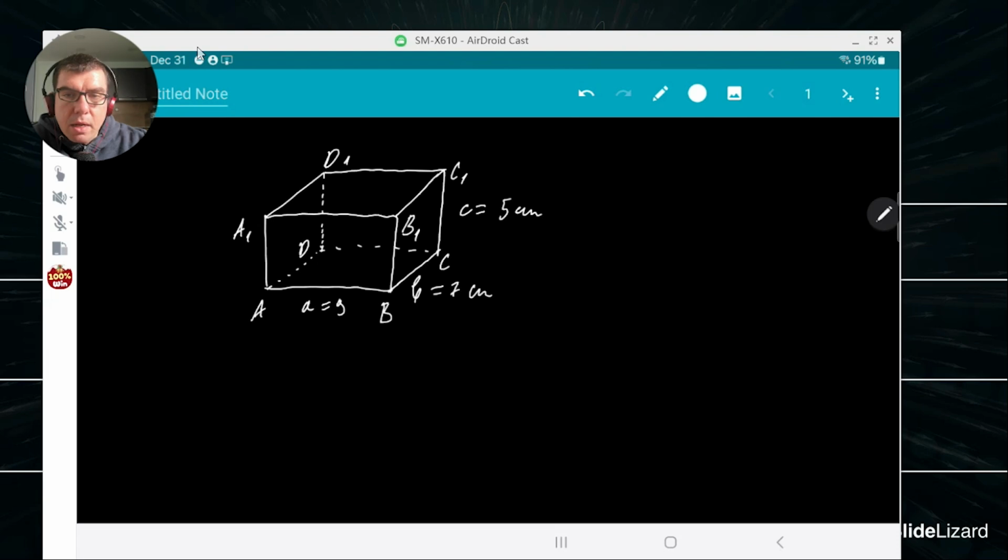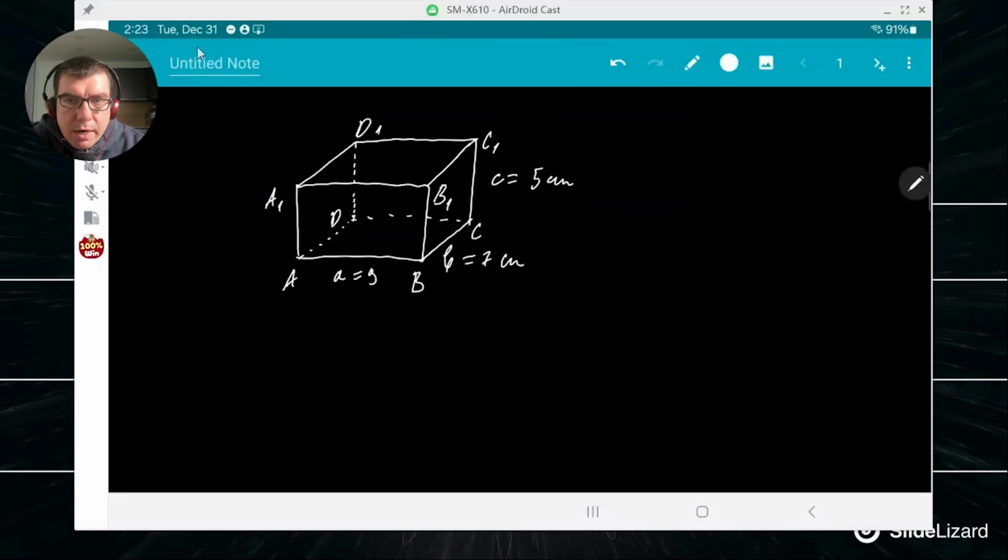Okay, now in order to calculate the total surface area, we need to sum the areas of all 6 faces, but as you know, the rectangle has opposite sides of equal length. This means that three faces will have different areas and the other three will have the same area.